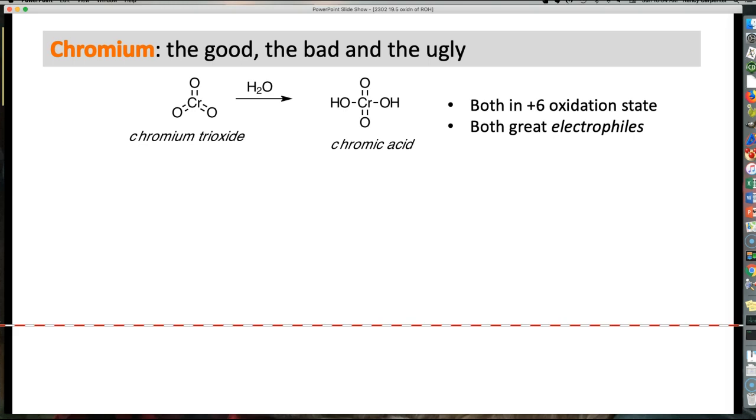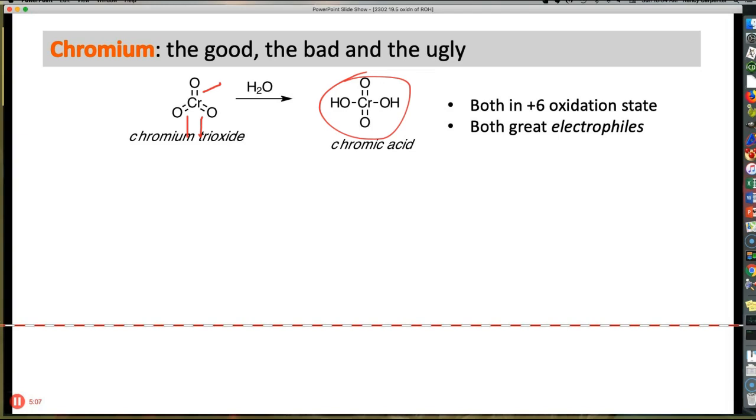Chromium trioxide is a nice inorganic solid that is, as you can see, highly polar, and dissolves very well in water to give you chromic acid. And if you just do a quick scan here, you can see that they're both in the +6 oxidation state: 2 + 2 + 2 + 6 + 6. So they're ready to be reduced.